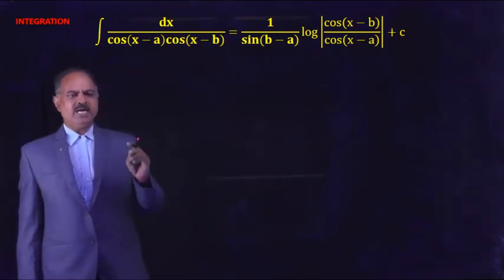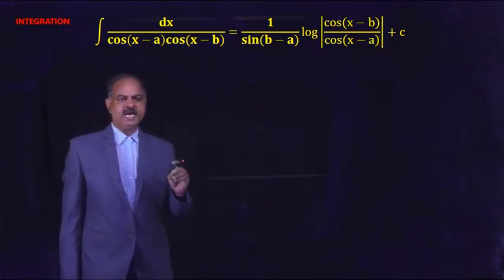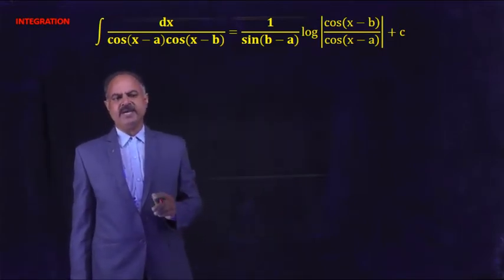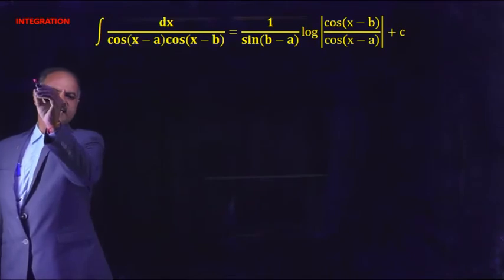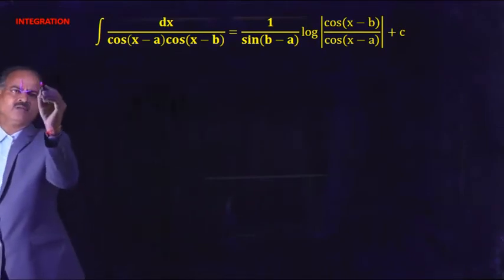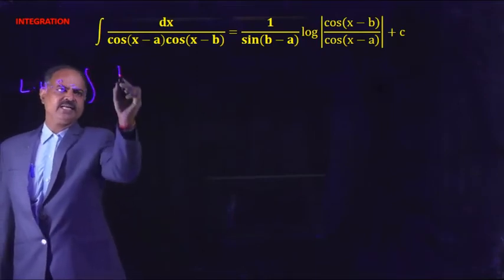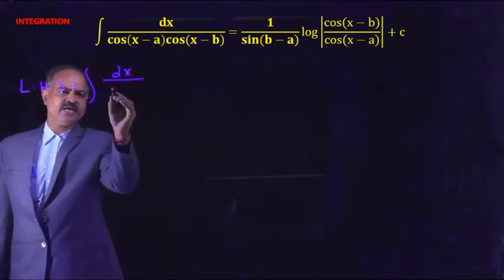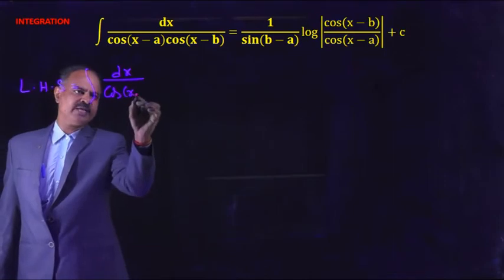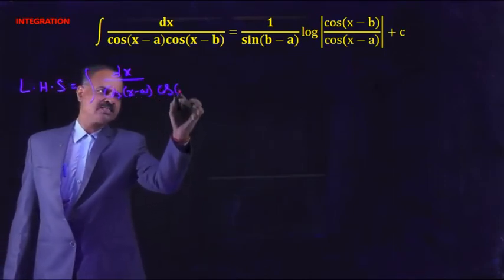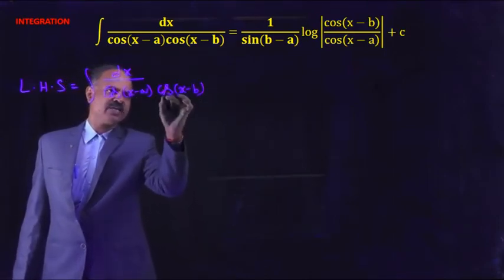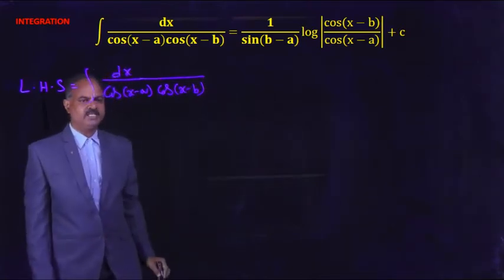First multiply both numerator and denominator by sin(b minus a). So first take LHS, that is equal to integral dx by cos(x minus a) into cos(x minus b).